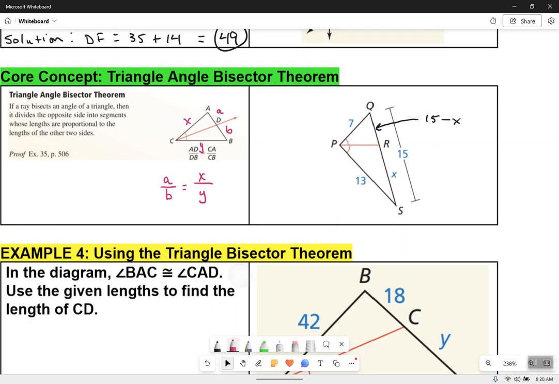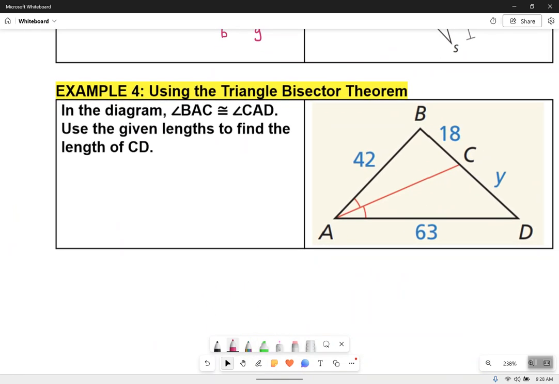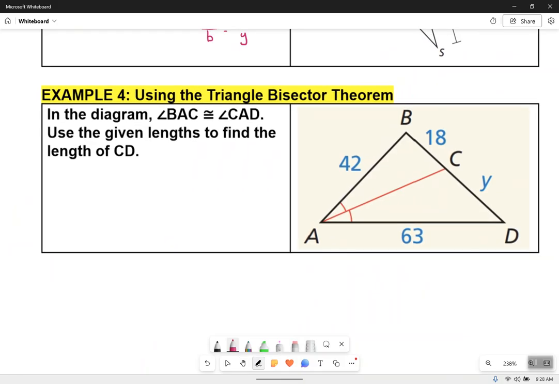Okay. All right, so here's an example down here. Let's go down to example 4. It says in the diagram, angle BAC is congruent to what, kids? Basically, doesn't this ray, A to C, give us two equal angles right down here? So isn't that bisected?